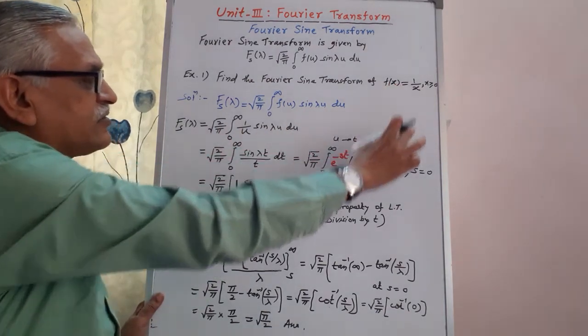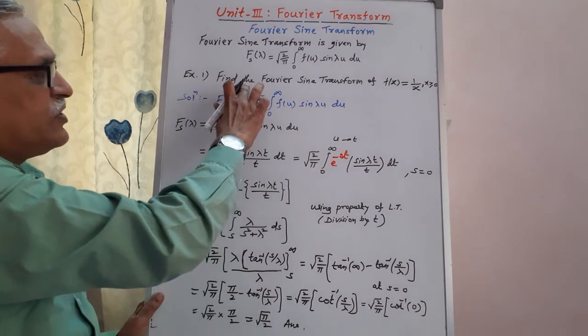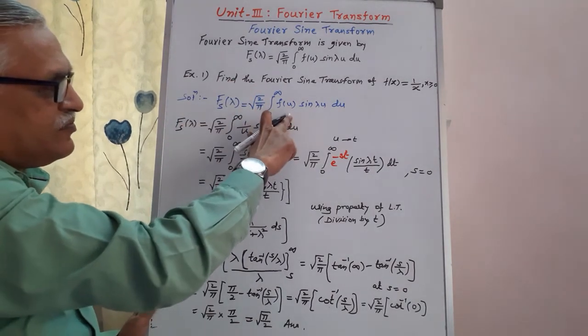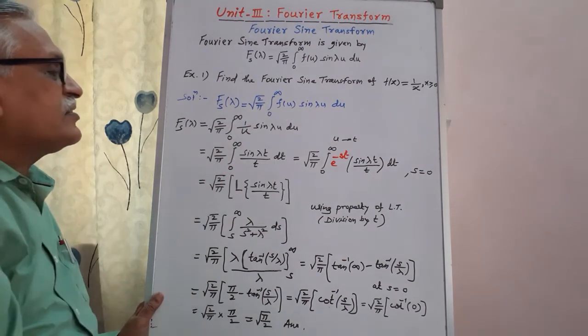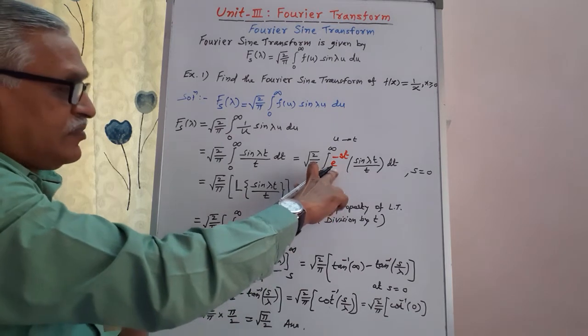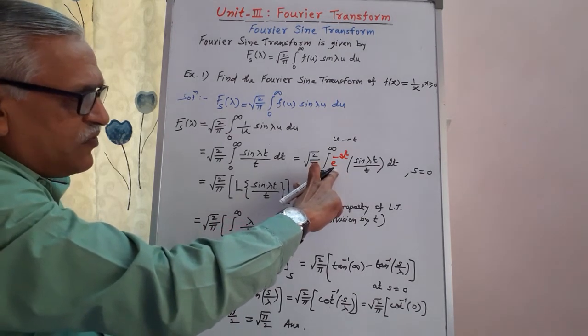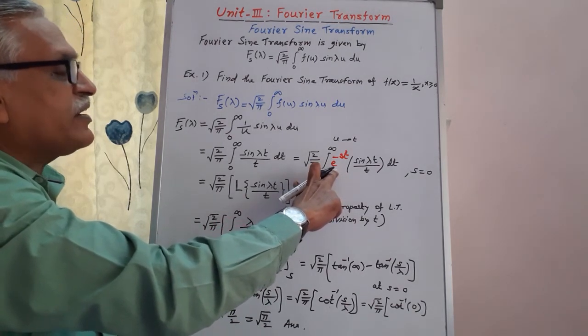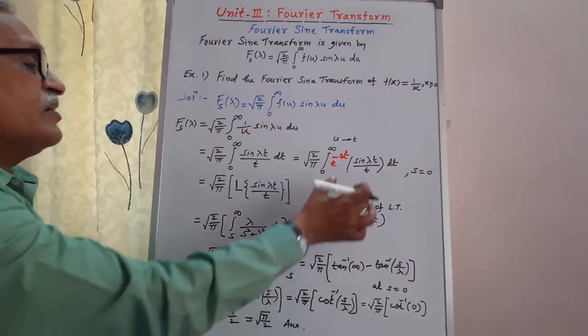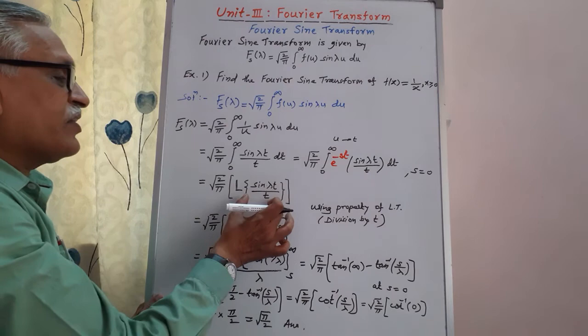The function is 1 by x, for which we have to obtain the Fourier sine transform. Therefore, for the Fourier sine transform, use the standard result. Convert into the elementary definition of Laplace, multiplying by e raised to minus st, mentioning s equal to 0. This is the Laplace of that function.